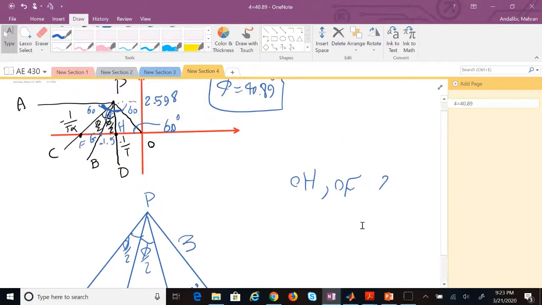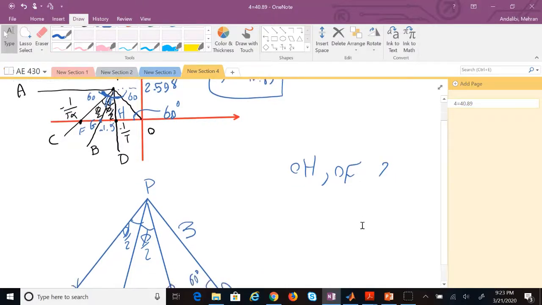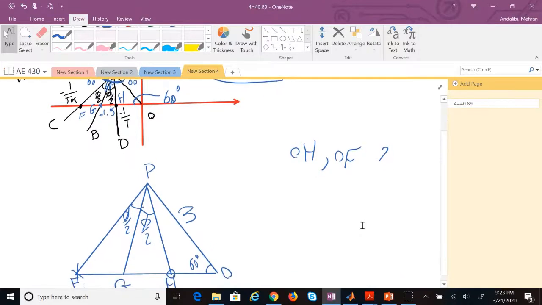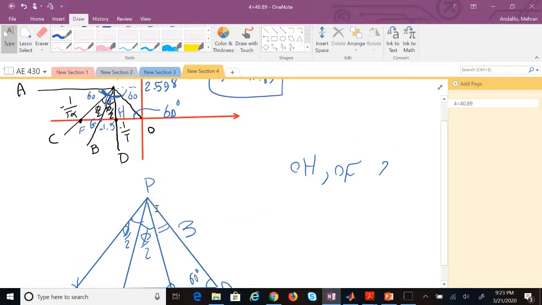So if you look at the angles, considering the fact that I know this angle, let's focus on this one. How big is this angle? And let's see if we can find it.